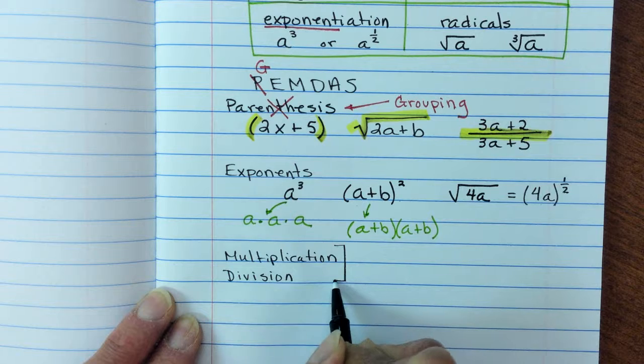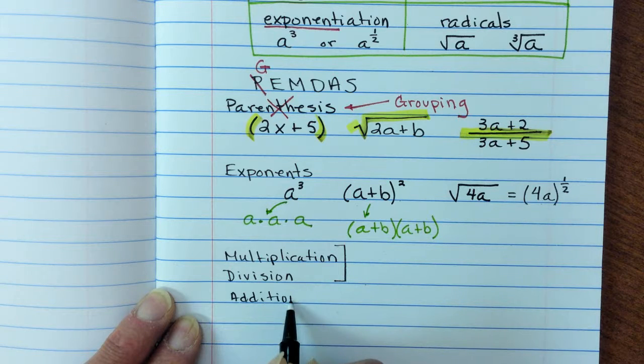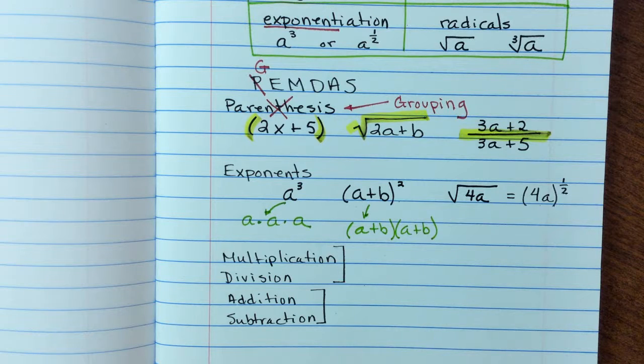Okay, those kind of go together. And then we have addition and subtraction. So that's the basics of what you need to know about the order of operations, and we'll look in the next video at simplifying expressions.